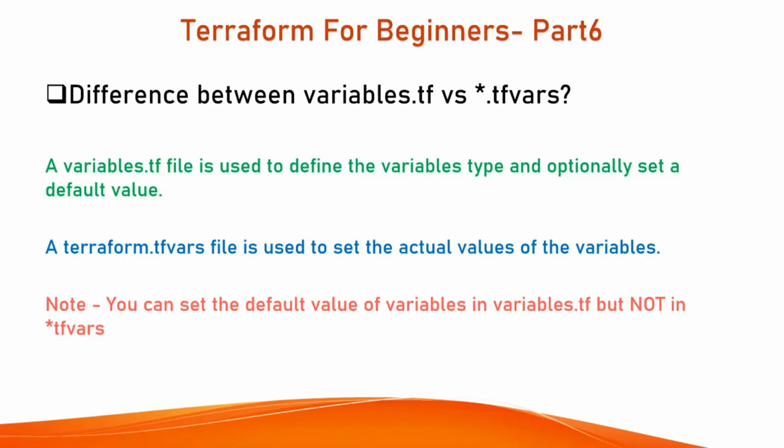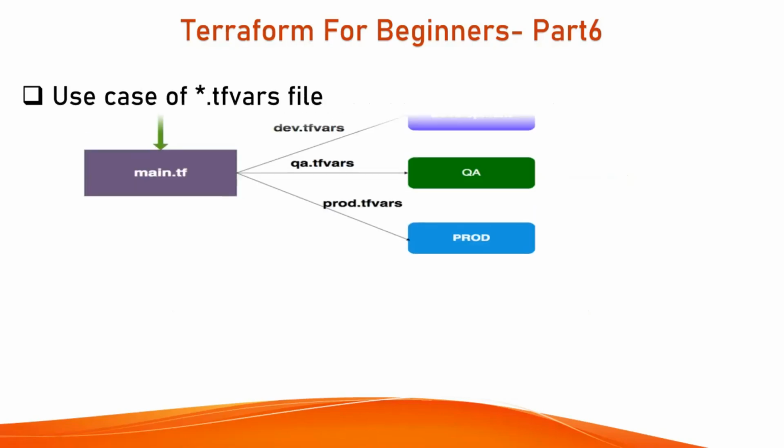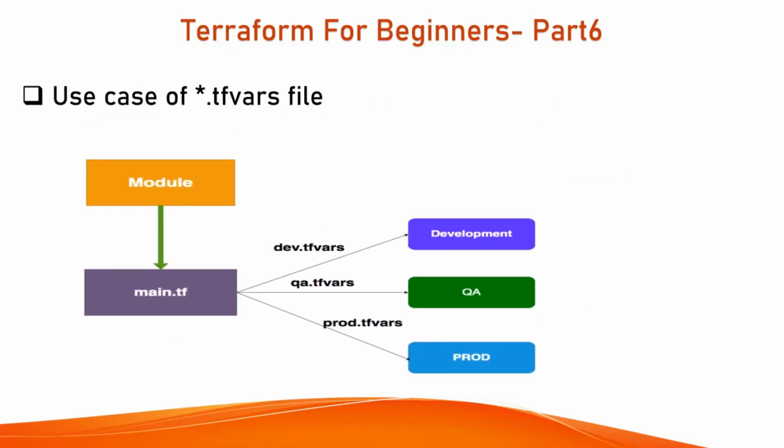Now let's go to the use case of how we can use the tfvars file in our day-to-day stuff. The use case is very simple: you want to build up the infrastructure for dev, QA, and prod.